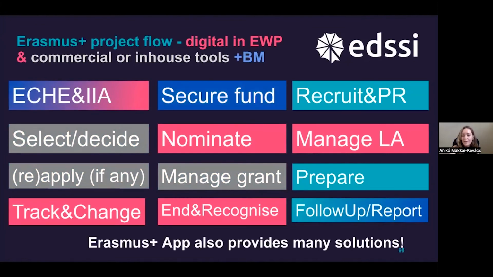And the blue ones are the ones that are basically available via the European Commission. And I made a small remark here that the Erasmus+ app also provides many digital solutions for the management of the Erasmus project flow. So I highly encourage you to discover that as well.